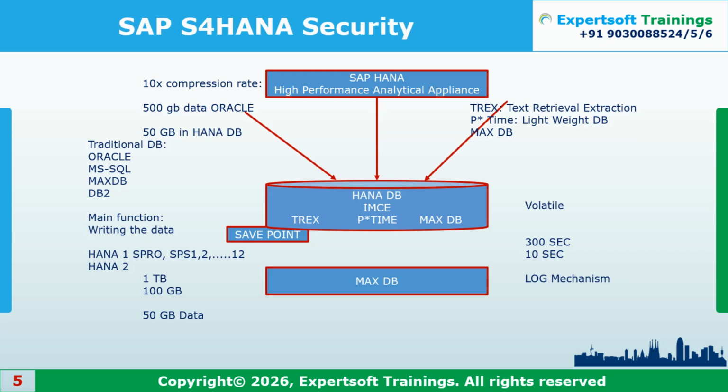HANA is developed using three technologies: TREX, P*TIME, and MaxDB. TREX is a powerful reading capability. If you search anything in the HANA database, we get the result within seconds. That is what TREX is used for.